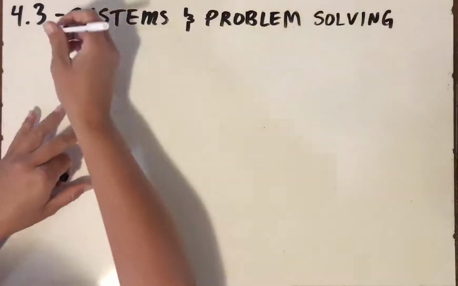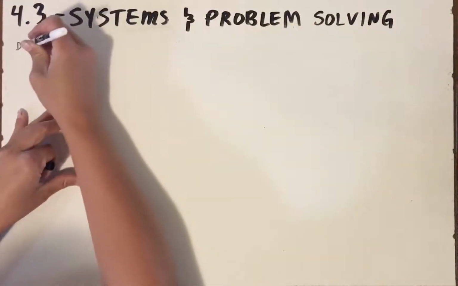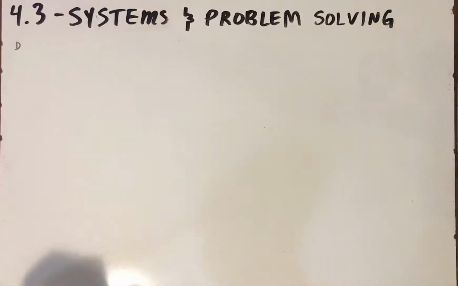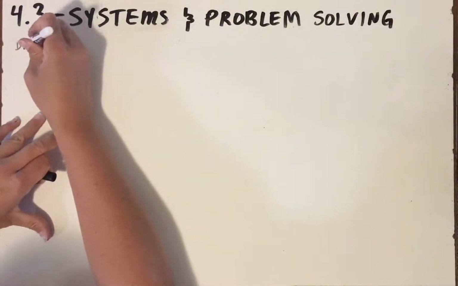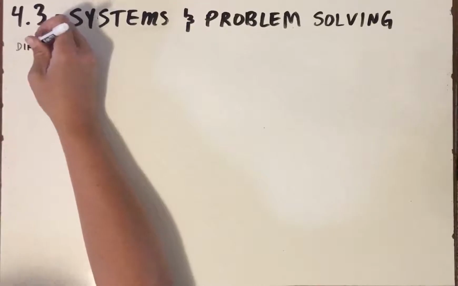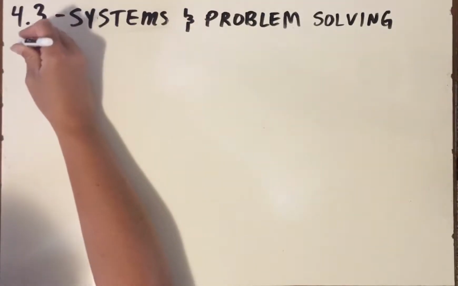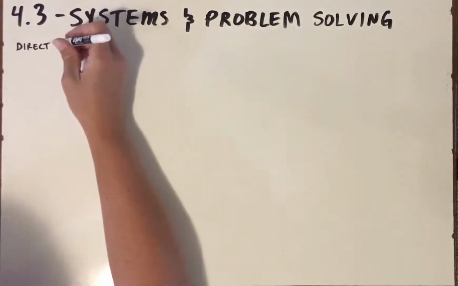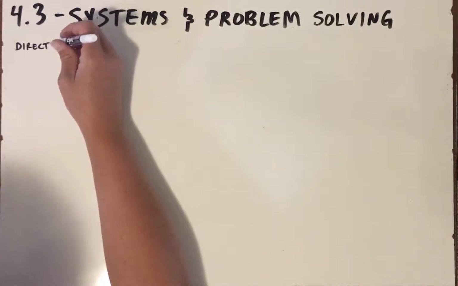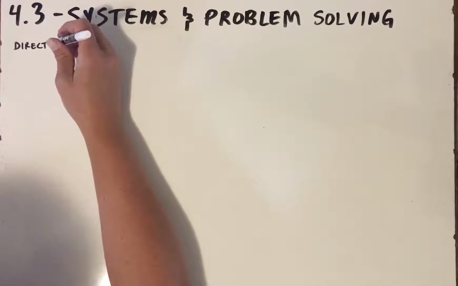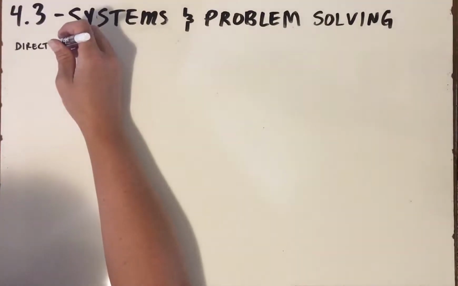Direct translation problems would be scenarios. It'd say, oh, Molly went and bought, I don't know, 3 pieces of modern art and 2 pieces of Renaissance art, and it cost her $5 million.